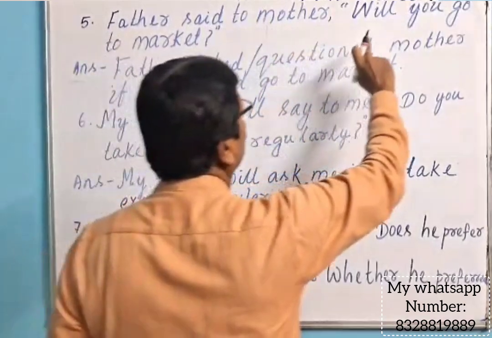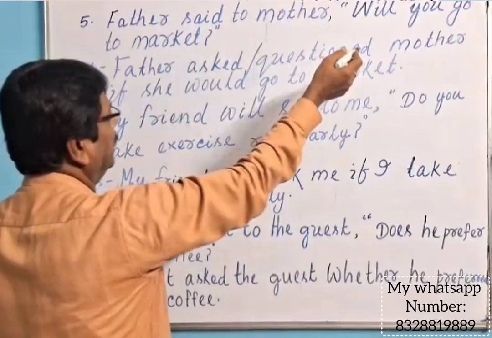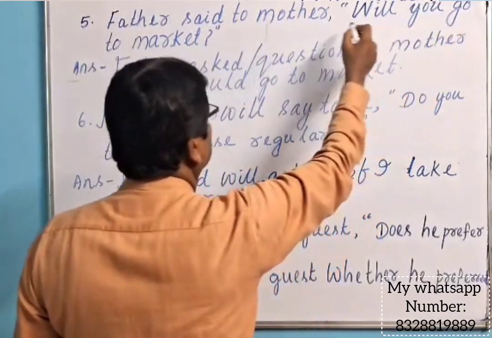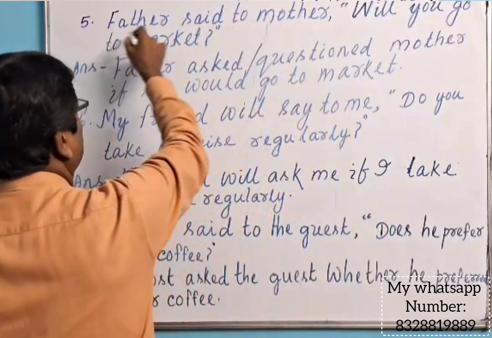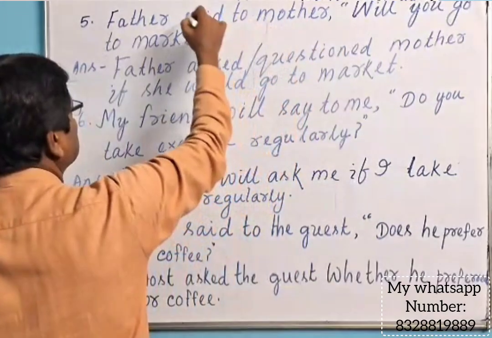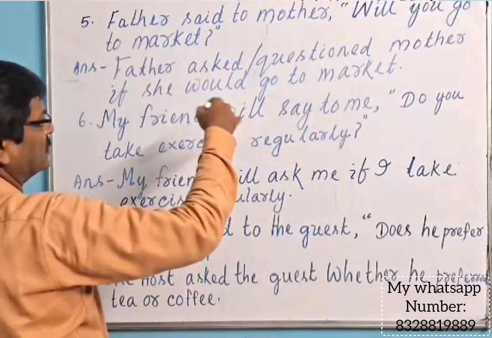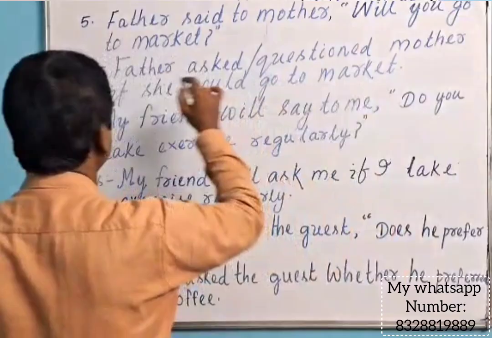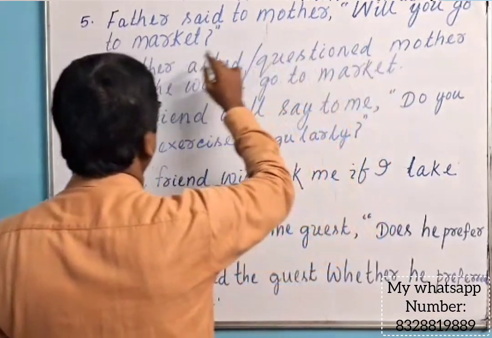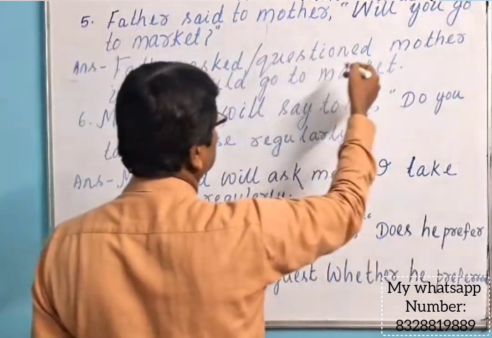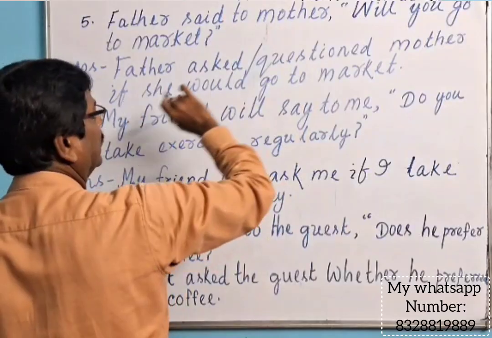Father said to mother, "Will you go to market?" Here the reporting verb is "said", and this portion is the introductory sentence. This is the reported speech. So what will be the sentence after conversion? Father asked, or you can also use father questioned. "To" will be dropped. Father asked or questioned the mother, and the joining word will be "if".